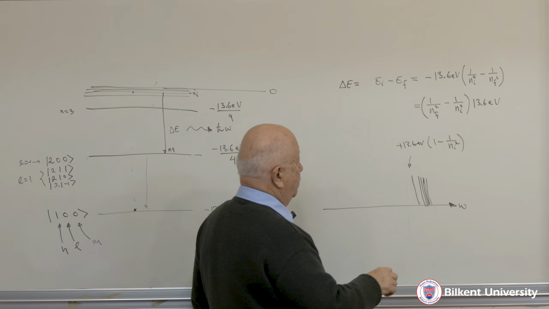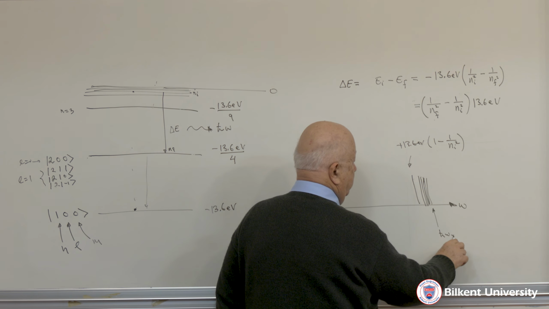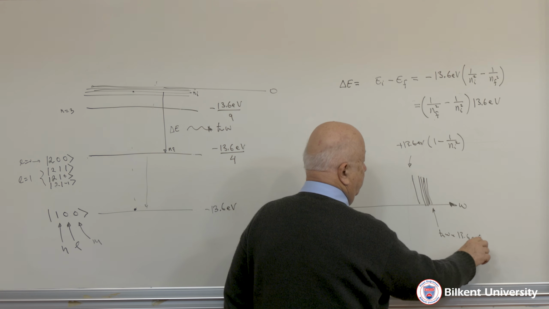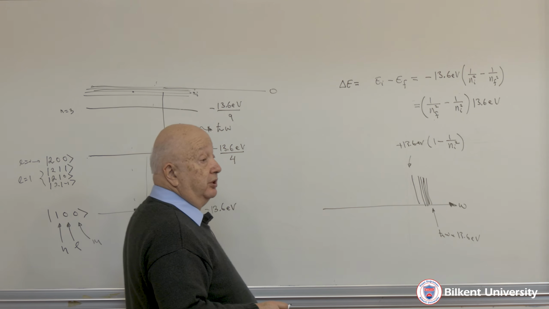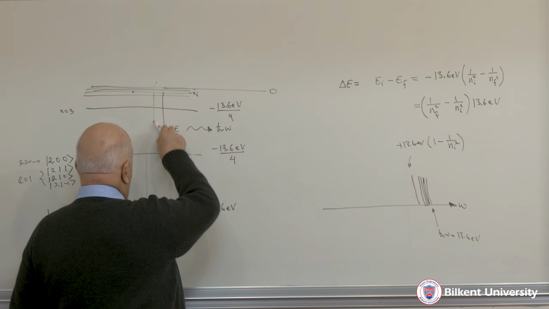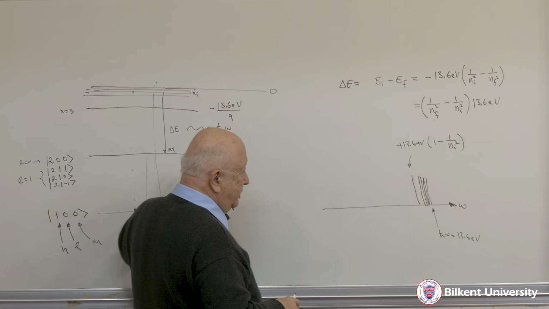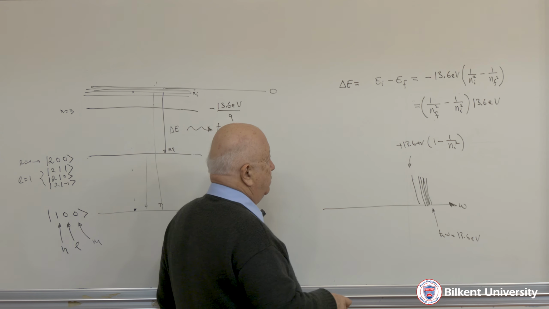It's just going to accumulate over here at h bar omega equals 13.6 electron volts. Those are transitions from any one of these states to all of these states. Not all transitions are equally likely. We'll see that later on in the course, but that's what you have.